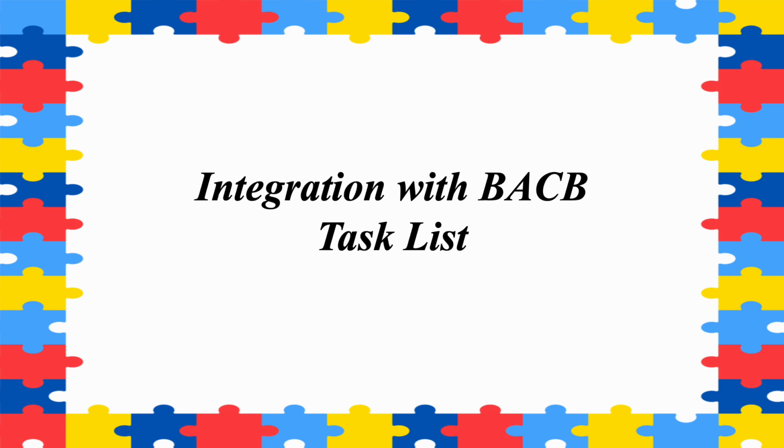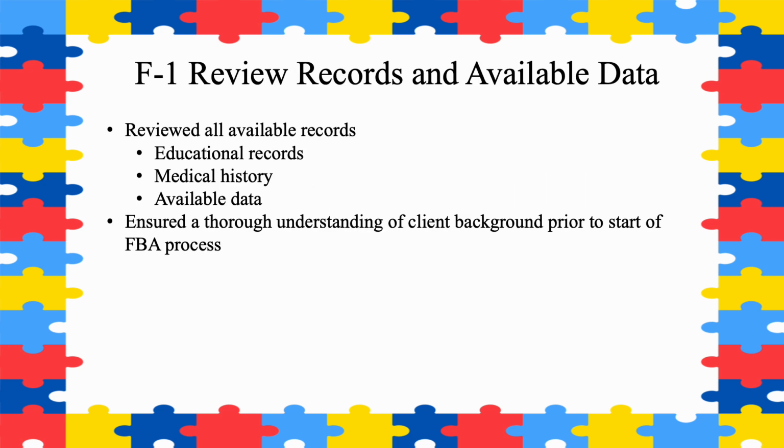In the next couple of slides, I will be integrating some of the BACB task list items as they relate to this case study. The first task list item that I will be describing is F1, review records and available data. So the initial step of the FBA process involved reviewing all available records for the client.